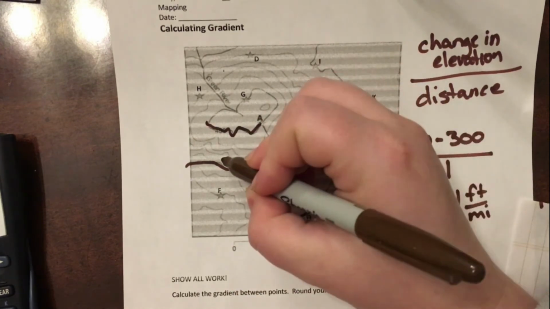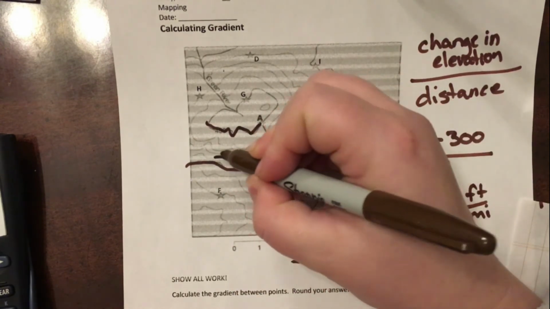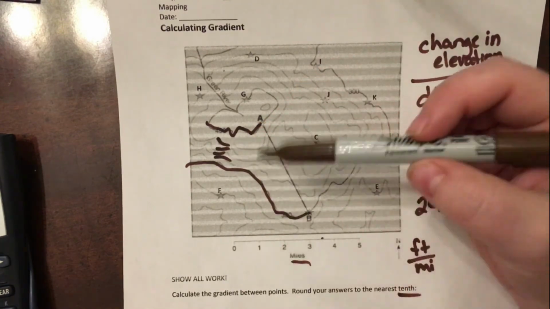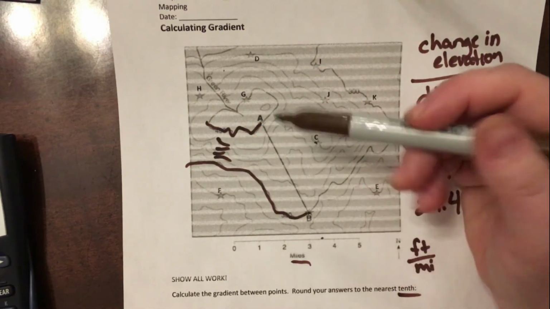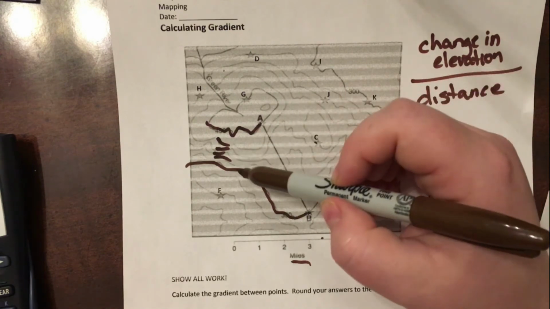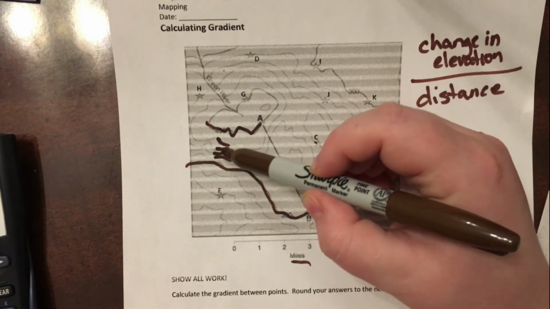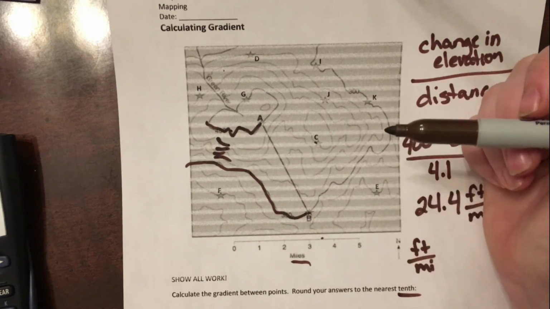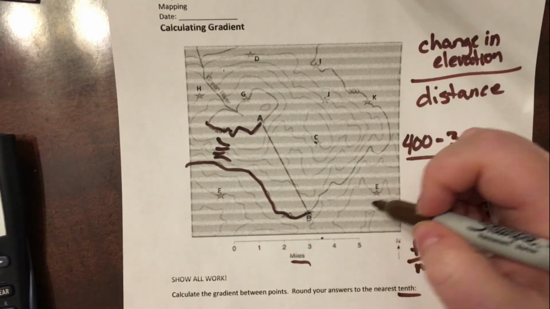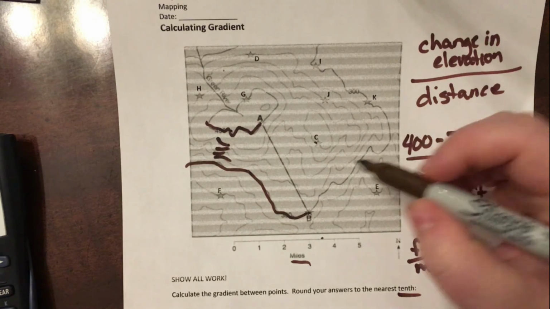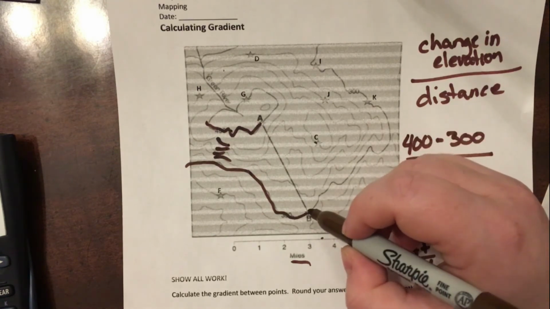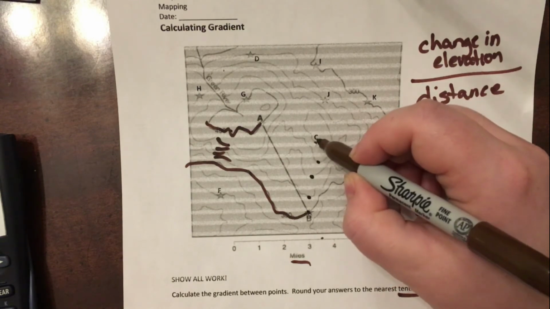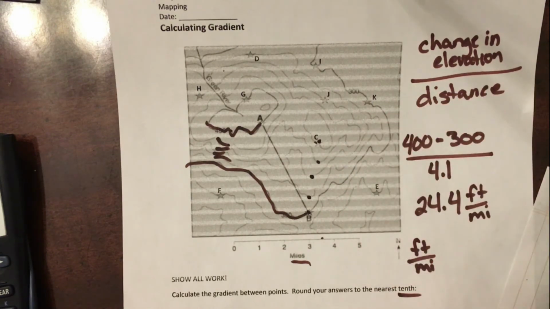And if we count the little lines in between, we've got 1, 2, 3, 4 extra lines in between, which means that each one of these is counting by 20. So this would be 300, 320, 340, 360, 380, 400. So the contour interval is 20. So 300, 320, 340, 360, C would be 380.